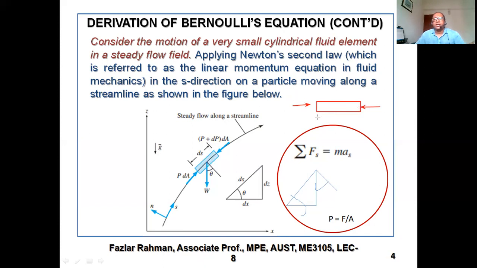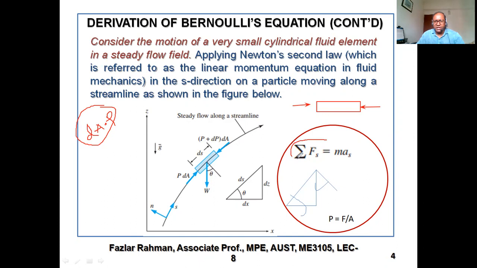So on the left side, the pressure has to be higher than the right side, then it starts to move. The cross-sectional area of the cylindrical fluid element is dA, a very small area. If you multiply this dA by the pressure, you get the force working on the left side. That is shown right over here.